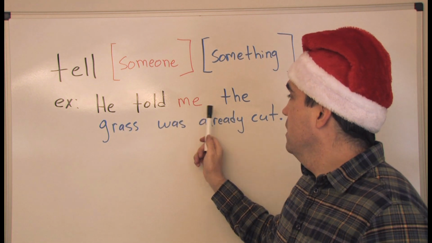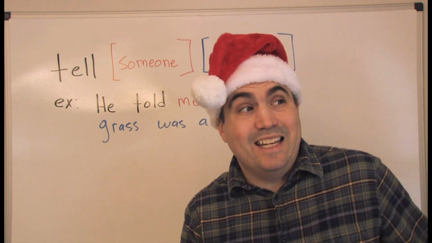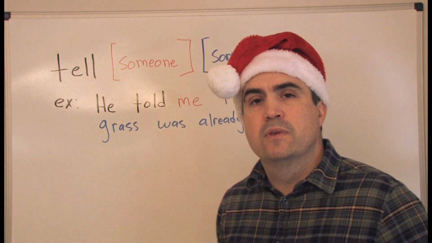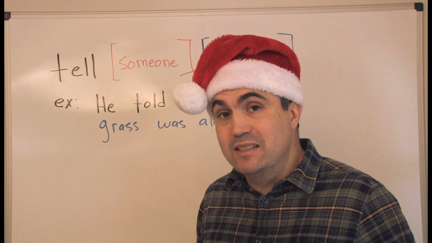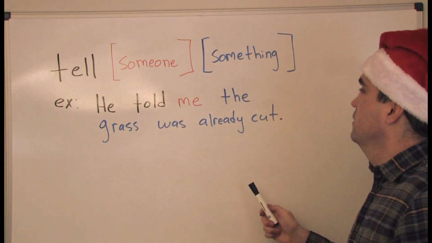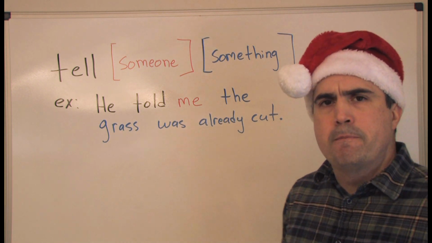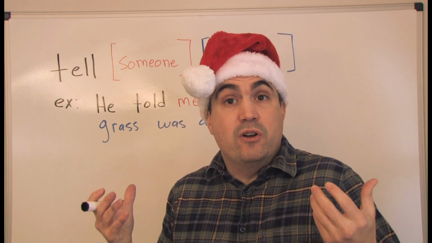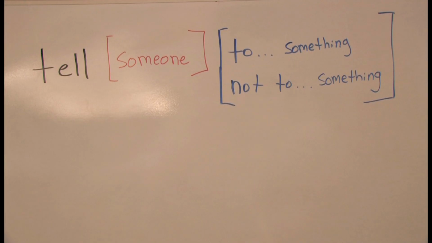He told me the grass was already cut. No, I didn't cut the grass. Why didn't you cut the grass? Because he told me the grass was already cut. Understand? Now, what about commands, or also known as imperatives? Let's look at that.